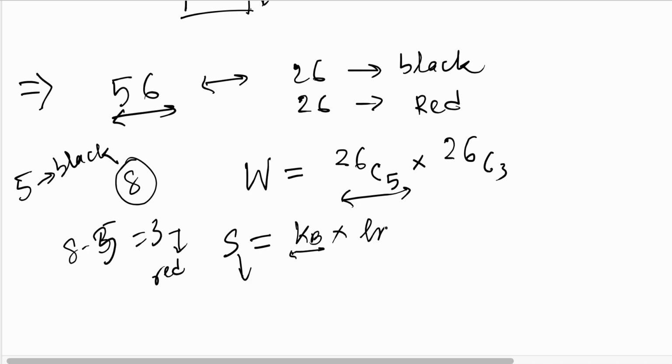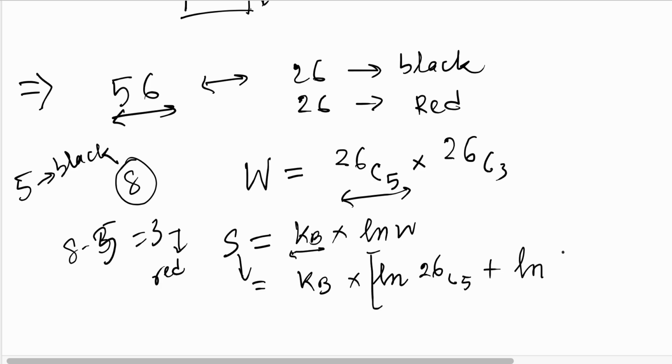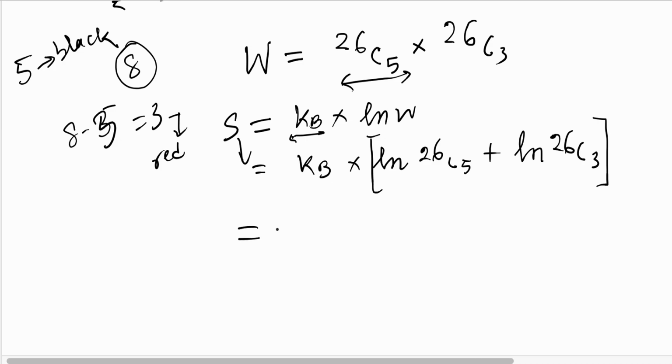So S equals k_B ln W, which will be k_B into ln 26C5 plus ln 26C3. If you put in the value of k_B, you will get the exact number. I am not calculating those numbers.